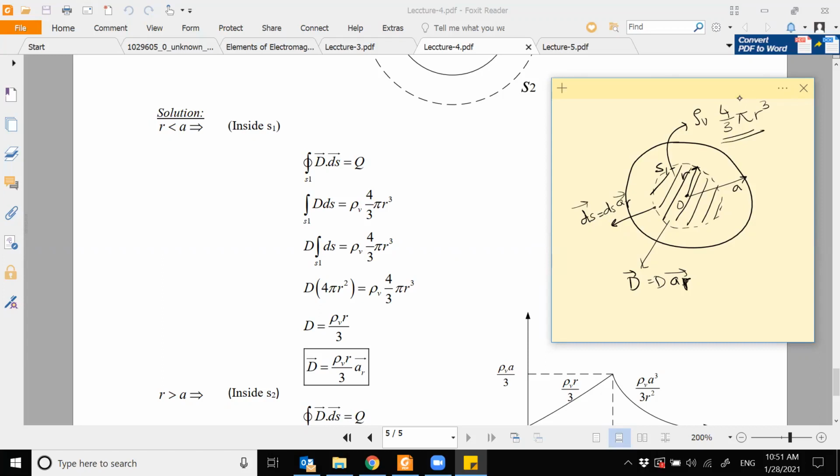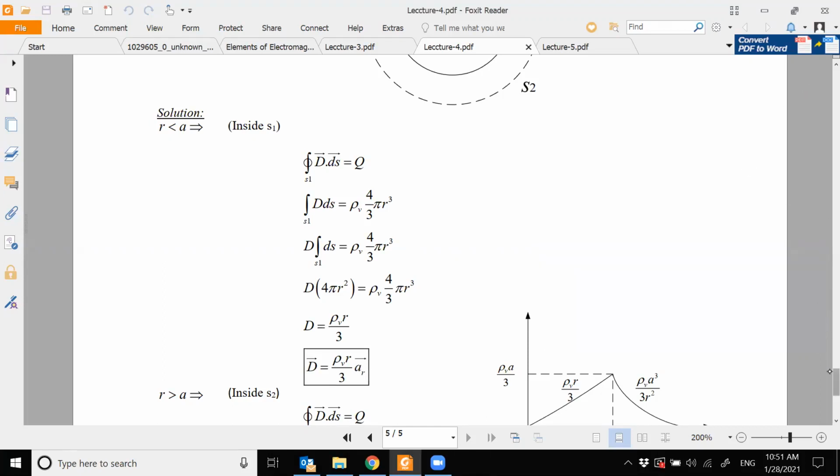It will not be pi a cubed, it will be pi r cubed, because only this much of the volume of your sphere is enclosed in this closed surface S1. Therefore, when you simplify it, you get D bar is rho v r over 3 times aR.